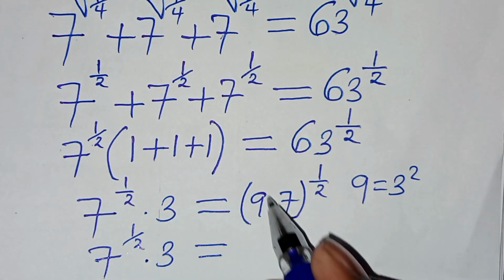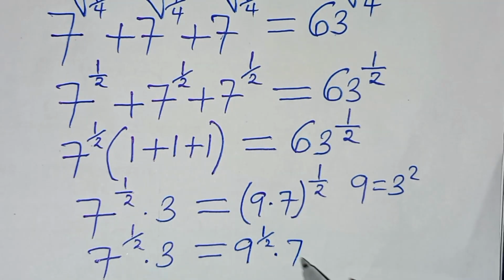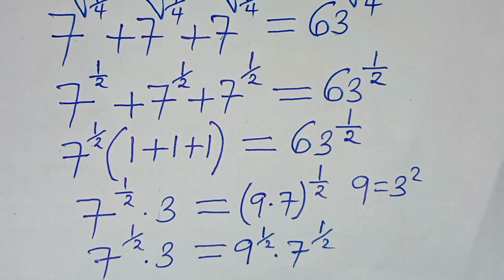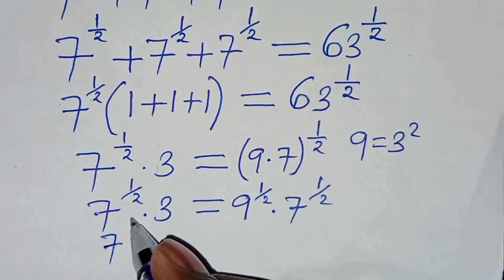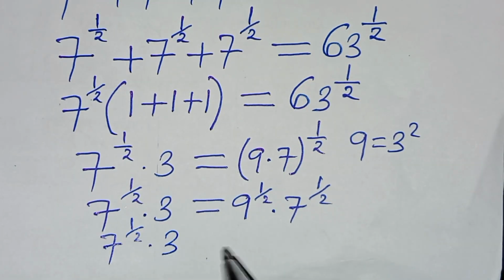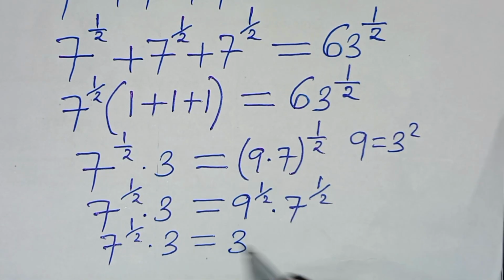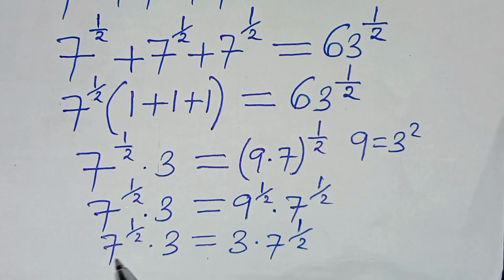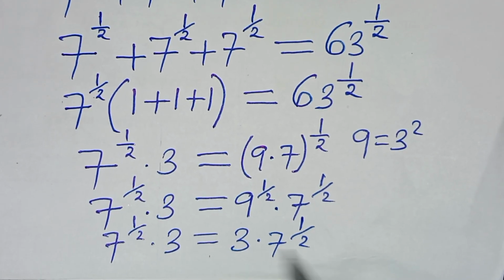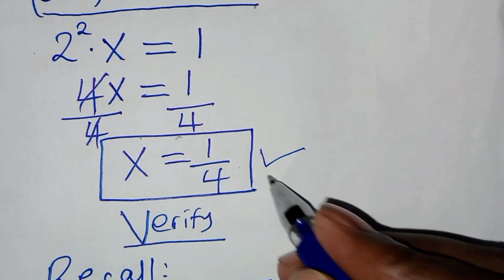This is equal to, now here this is the same thing as 9 raised to the power half times 7 raised to the power half. So this implies that this is 7 raised to the power half times 3. This is equal to, now this is the same thing as square root of 9, which is 3 times 7 raised to the power half. So you can see the left hand side is equal to the right hand side. And that proves that the value of x, which is equal to 1 over 4, satisfies the equation.